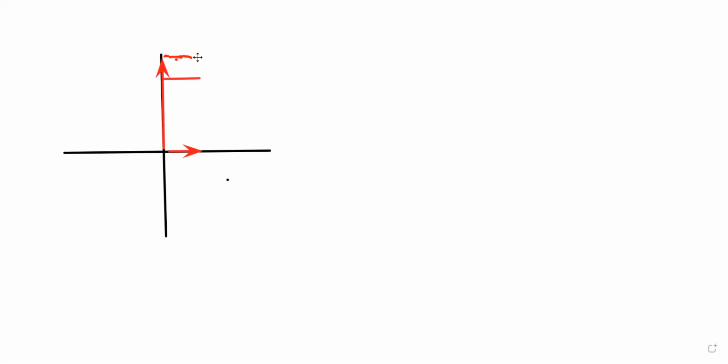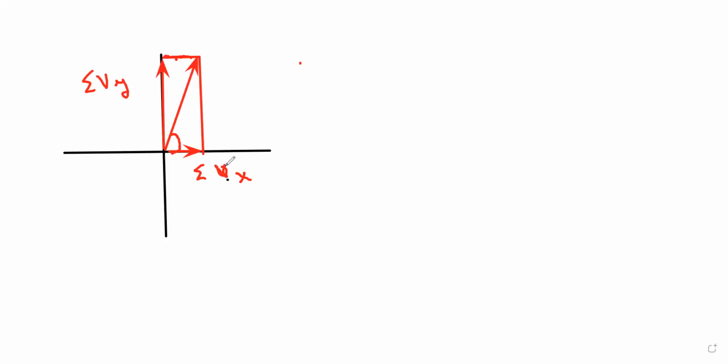Then it's going to go down this way. And then it's going to come this way. And the resultant is going to go this way. So we're going to have here the angle θ3, and this is going to be the summation of the vectors in the x direction, and this is going to be the summation of the vectors in the y direction.